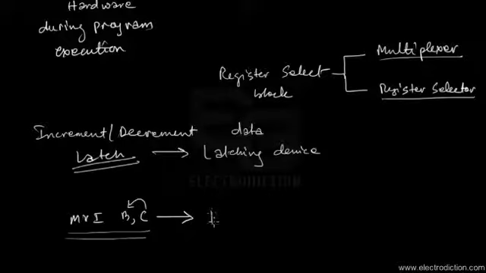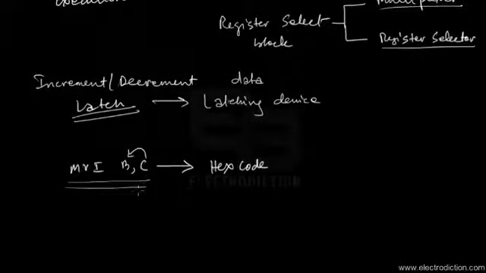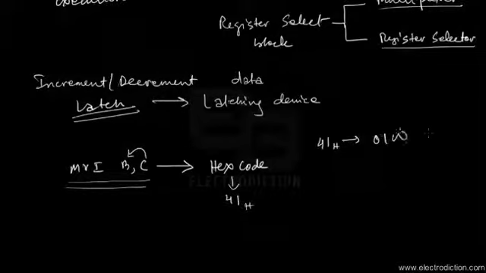The hex code for the MOV B, C instruction is 41H, because it's a hex number. Now 41H in binary would mean 0100 0001.